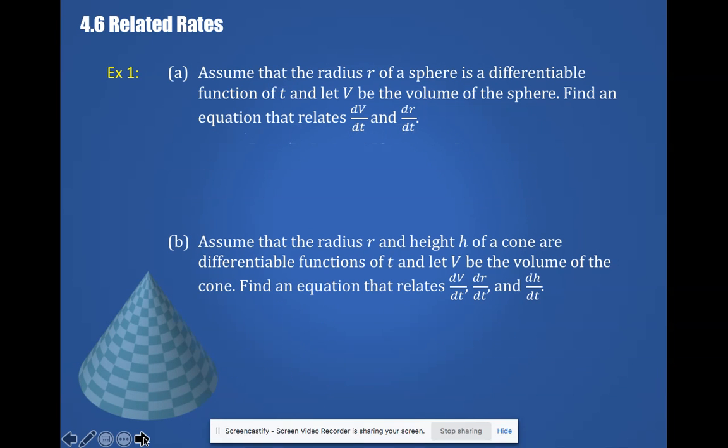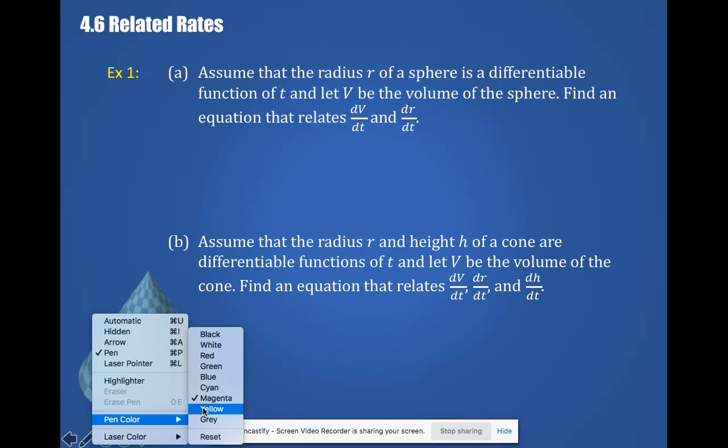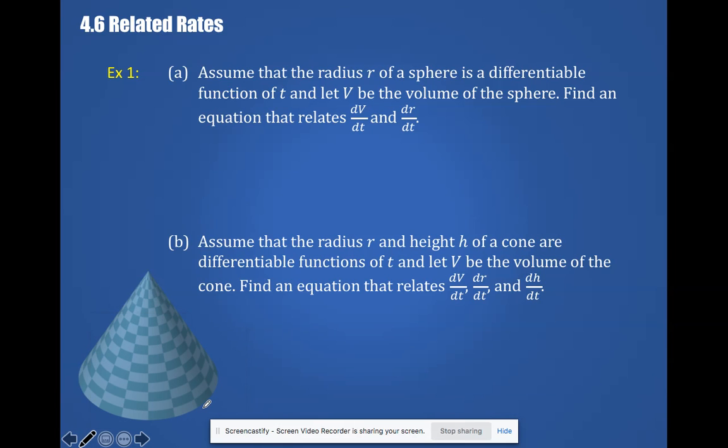First, I just want you to practice setup. So for these two problems, we are not going to solve anything. This is setup. Here there is not a given volume of a sphere or even this cone down here. They're just asking you to write the equations.